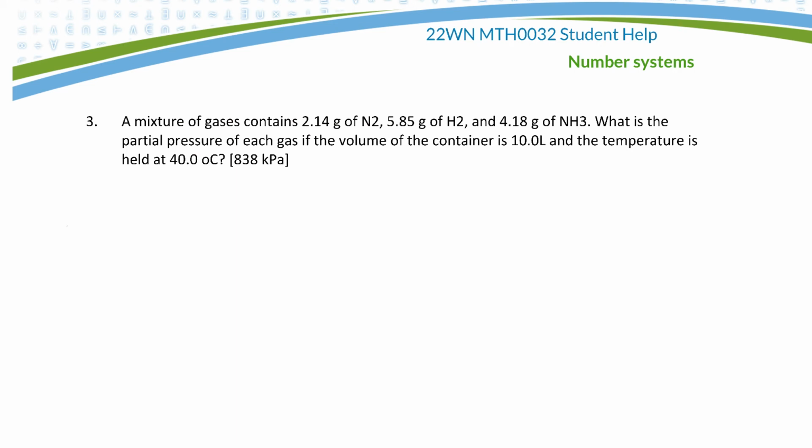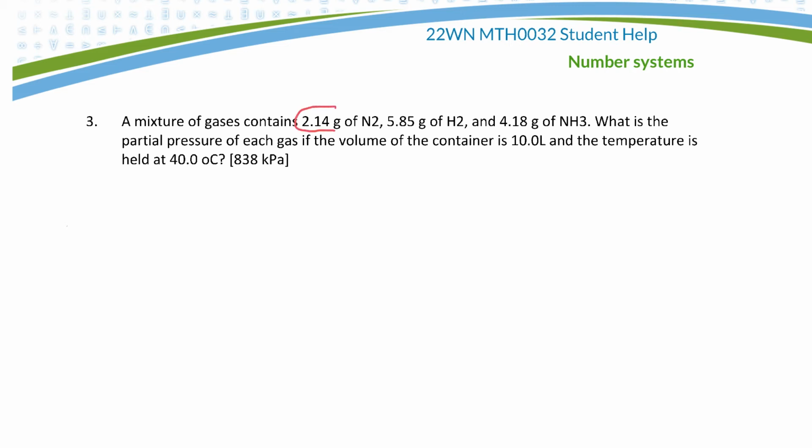Okay, this next question is really the same thing as question 1, but you have to do a bunch of work in order to get there. In question 1, they gave you the pressure of each of the gases and asked for the total pressure. Here, they don't give me the pressure of the gas, but they give me information from which I can get the pressure.